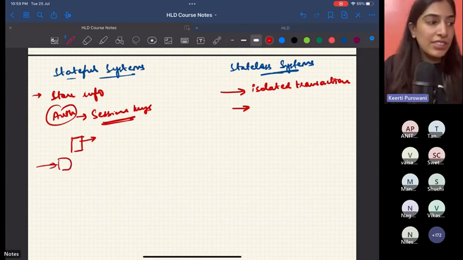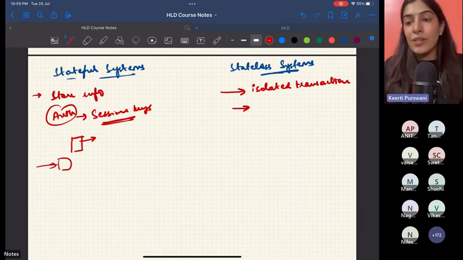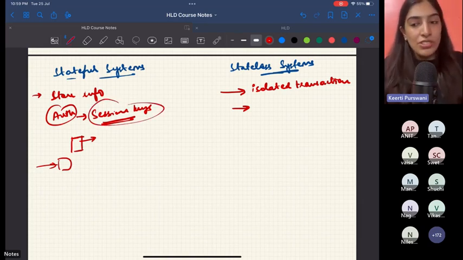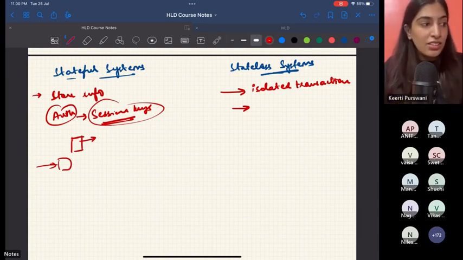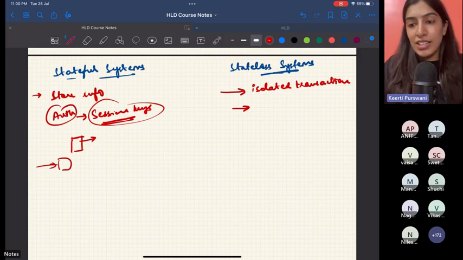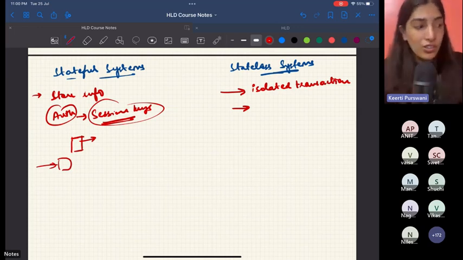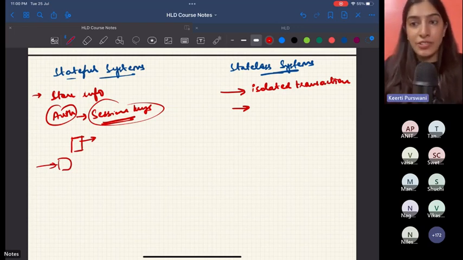I call it a stateful system. I'm sort of giving a personalized experience because I have some information stored of this user, right? So in stateful, I'm giving a personalized experience. Very good example. Shopping cart is a good example. So basically it is there and I'm responding accordingly. So that is stateful.